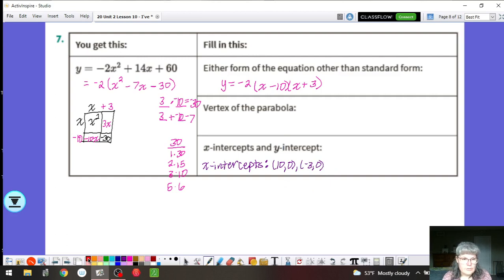My y-intercept I could identify from the standard form is going to be (0, 60). To find my vertex, I would first need my line of symmetry.